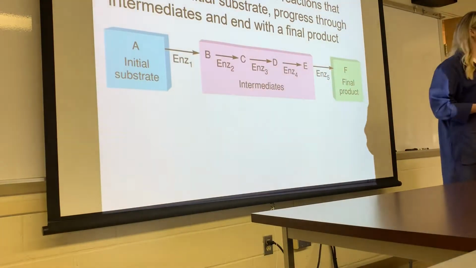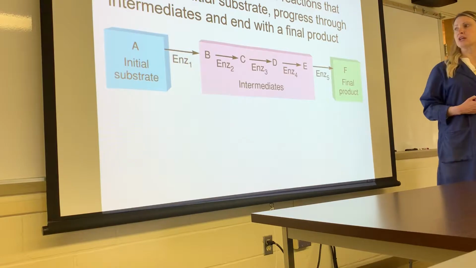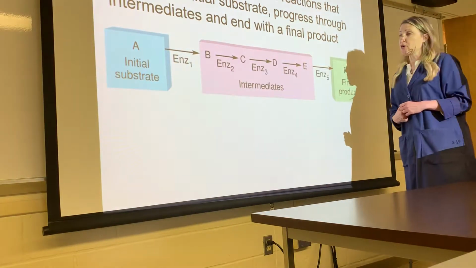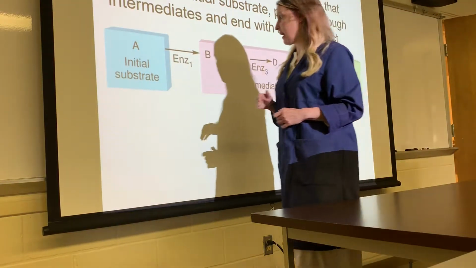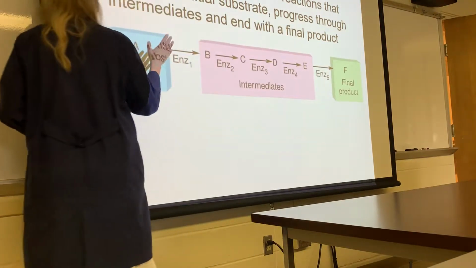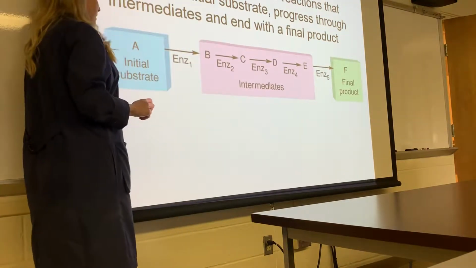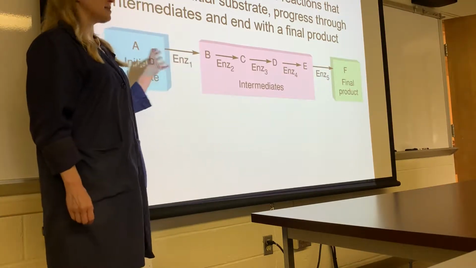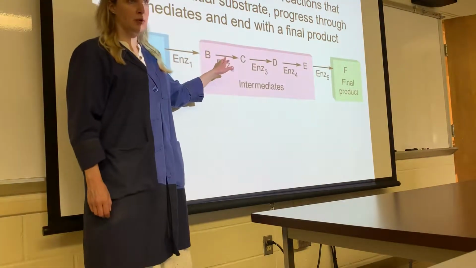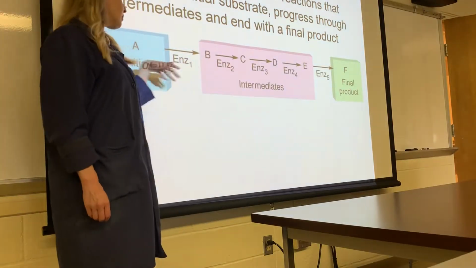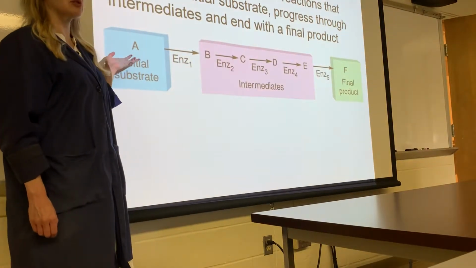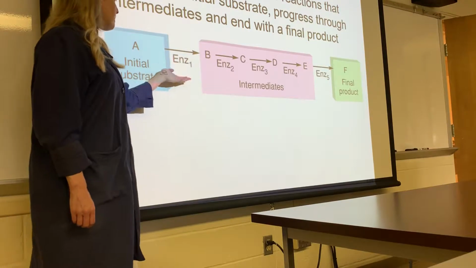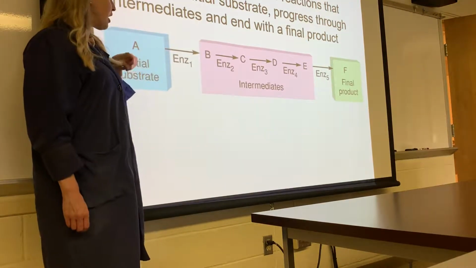That's what we get from our glucose molecules. So we start out with our initial substrate, and we have enzyme 1 that acts on substrate A to give us product B. Now that enzyme is finished. It can't work on product B, right?